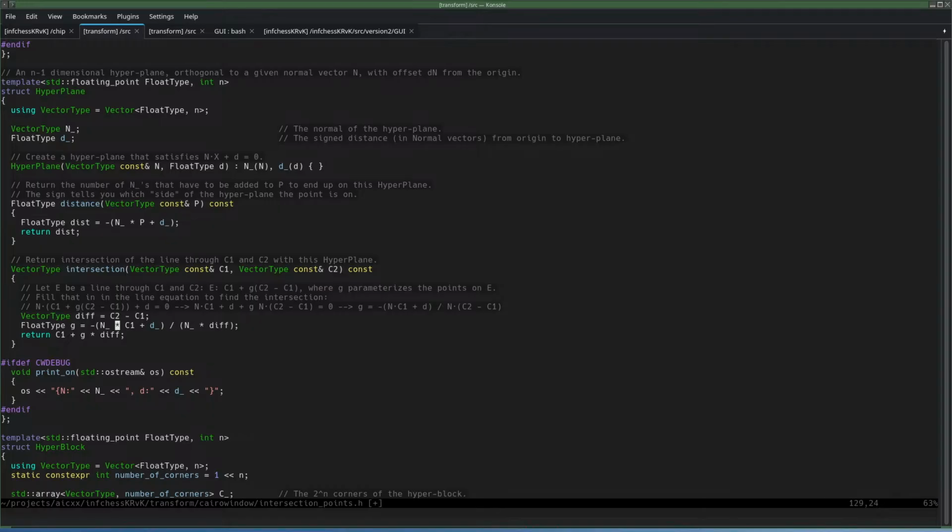So this is the dot product, n dot c1 plus g times c2 minus c1, plus d equals 0. And then you can ask for which values of g this is going to hold.